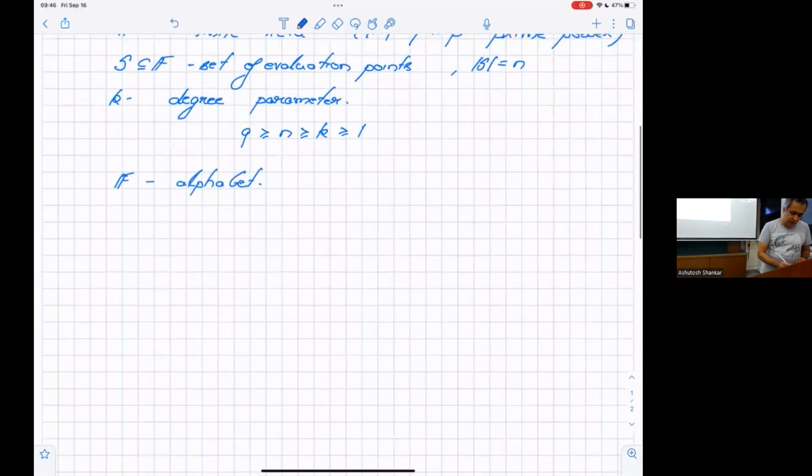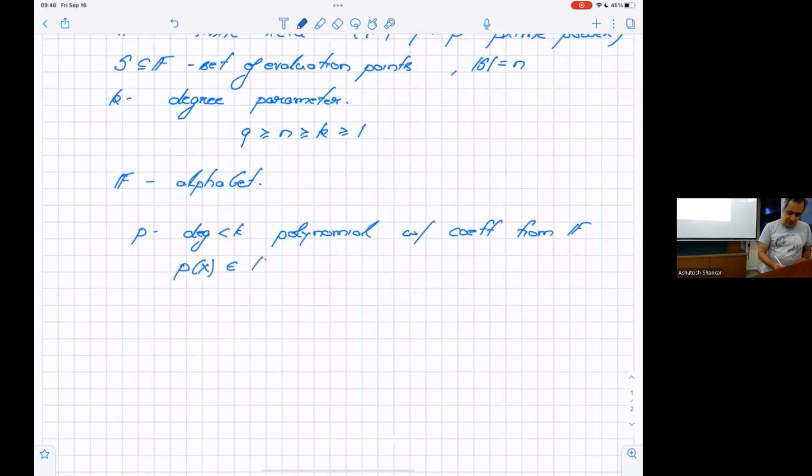So let P be a polynomial of degree less than k, with coefficients coming from F. In short, P(x) belongs to the ring of polynomials F[x], but its degree is strictly less than k. That's the shorthand notation I will use. Take P to be this.